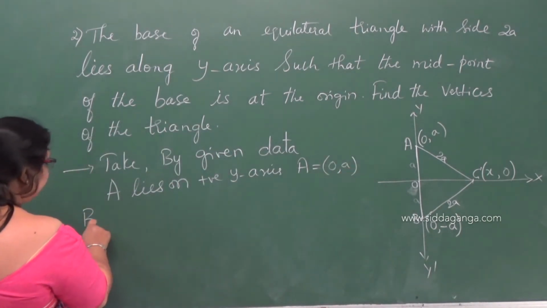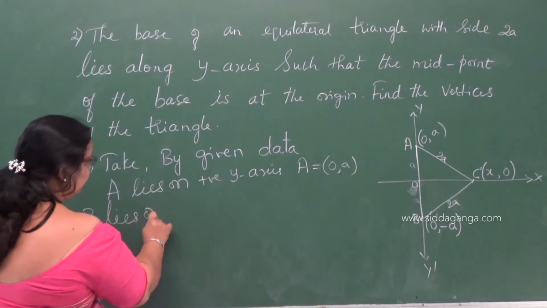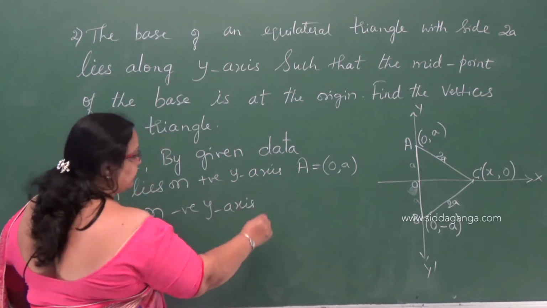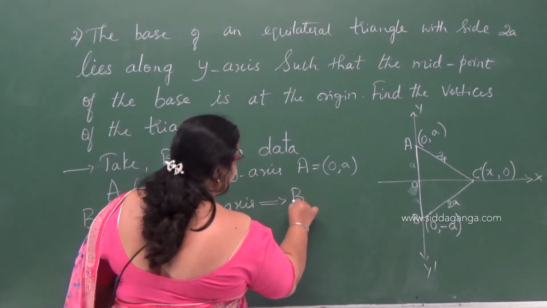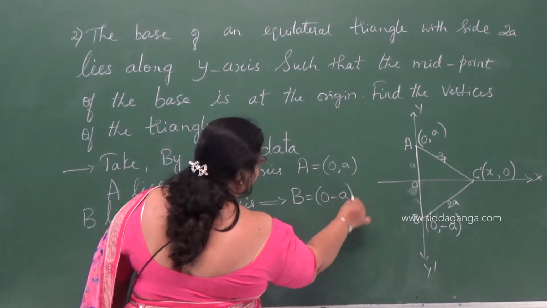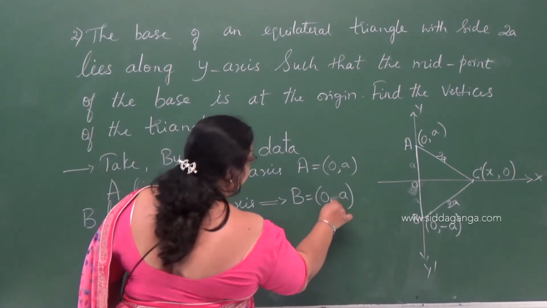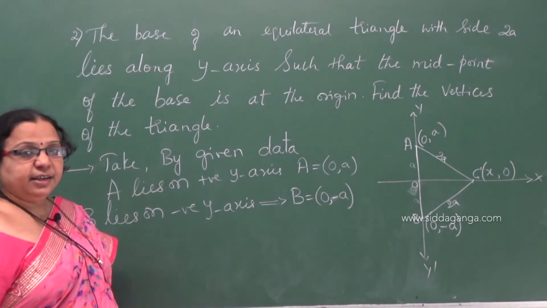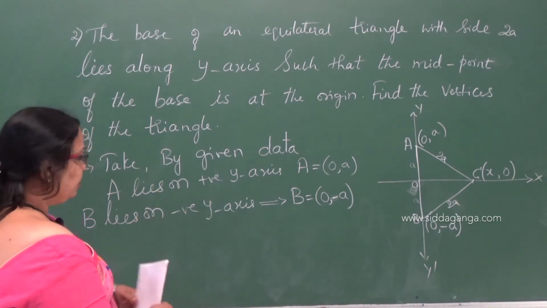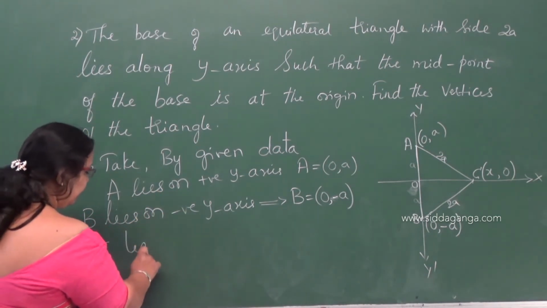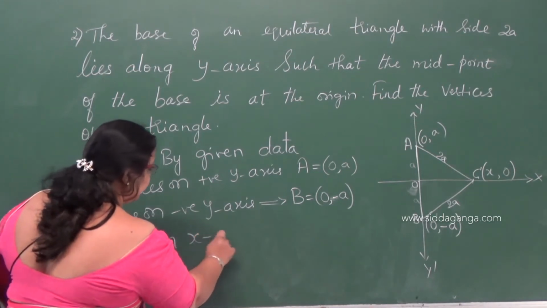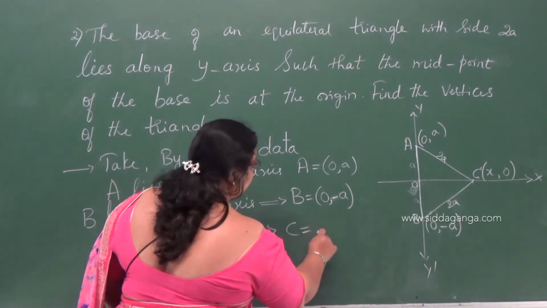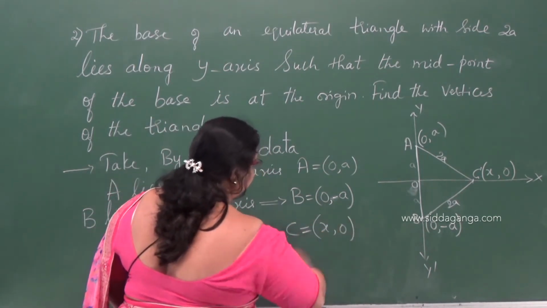The second vertex B lies on the negative y axis, so we take B equal to 0, minus a. Since it is an equilateral triangle, C lies on the x-axis, that means the positive x-axis. Therefore, you take C as x, 0.